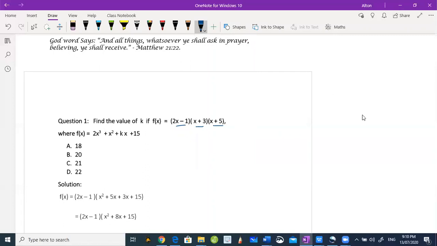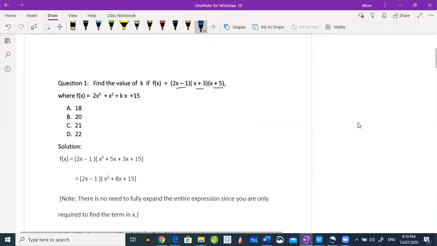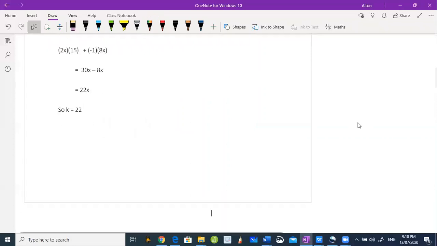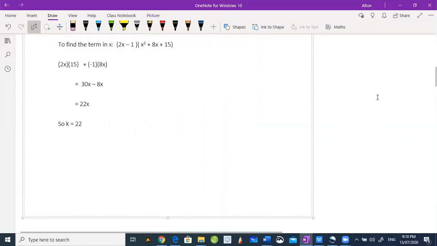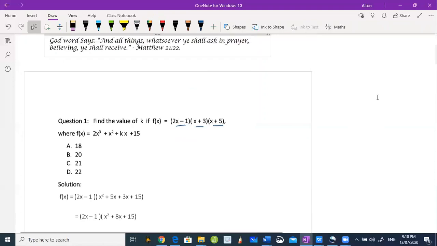So let us bring these two functions together. The first part of the solution is going to do exactly that. It's going to bring our f of x, which is really 2x minus 1 by x plus 3.